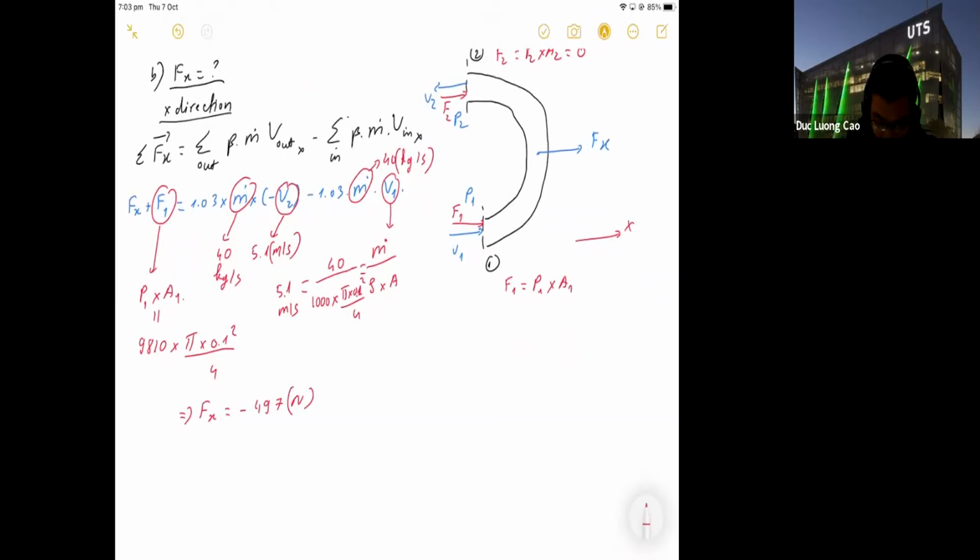It means Fx is 497 Newton and Fx is from right to left. This one is Fx, right to left. Okay, not left to right as assumed. Fx is actually from right to left, not left to right. Okay.